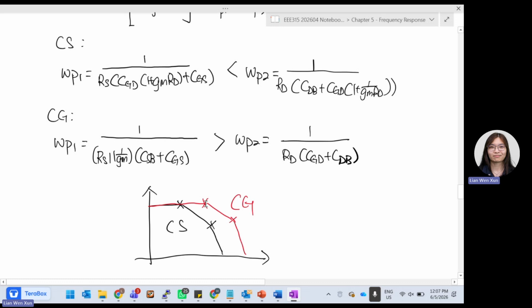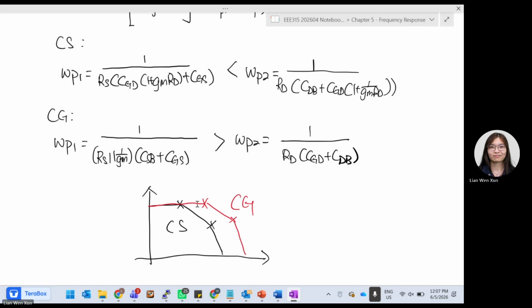So comparatively, CS is much lower, CG is much higher. So common gate has a better bandwidth than common source. If you need to go for bandwidth, you go for the common gate circuit.